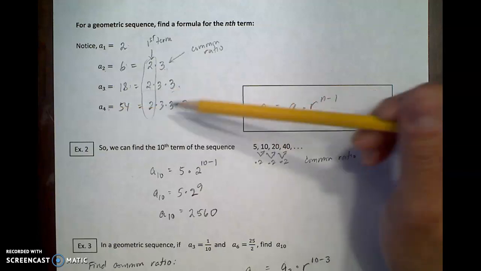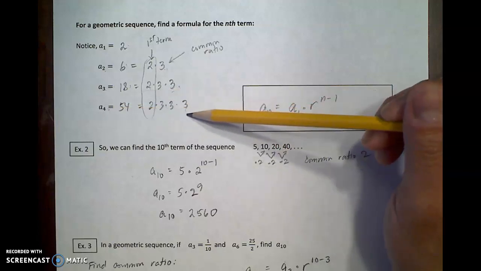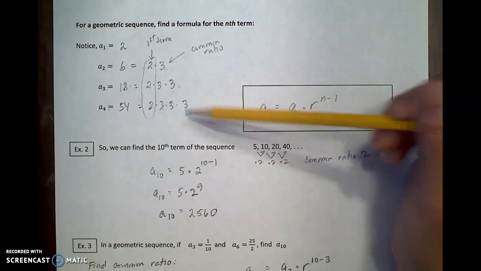Term number 4, here I'm multiplying by the common ratio 3 times. Right?